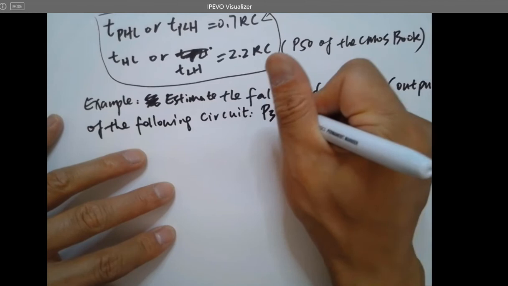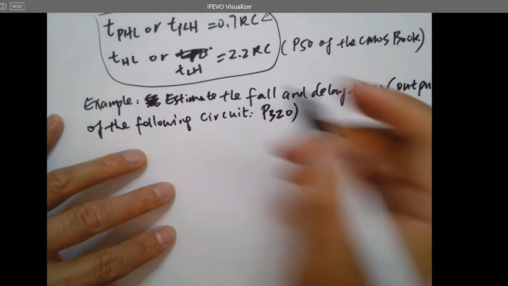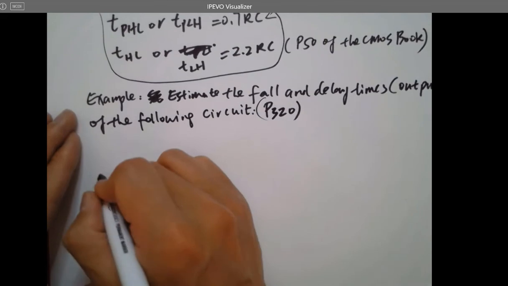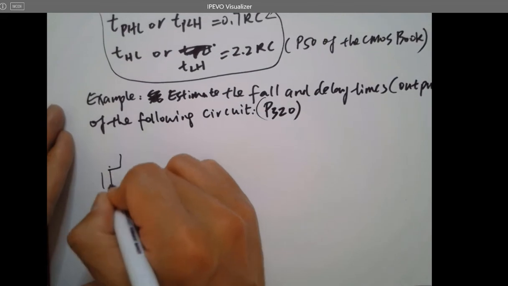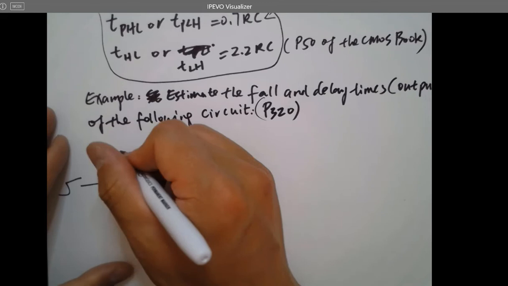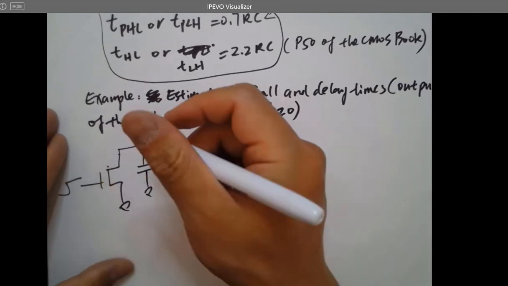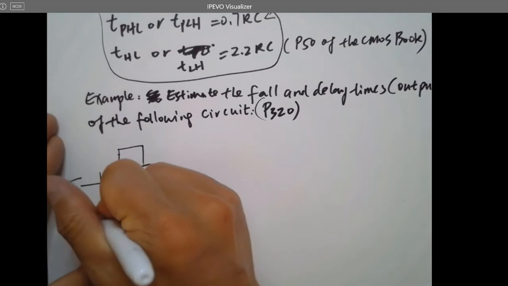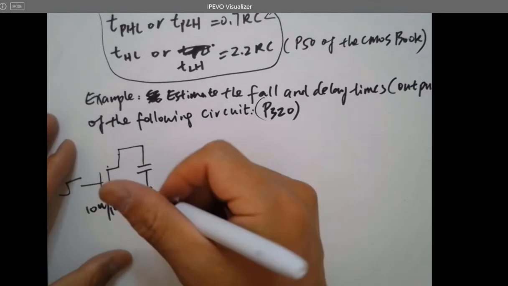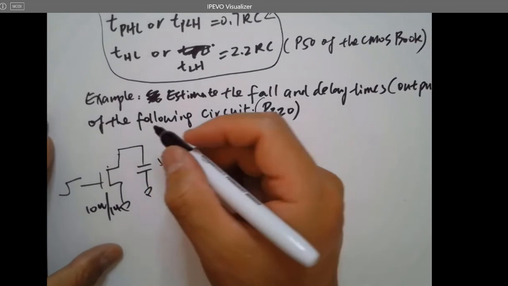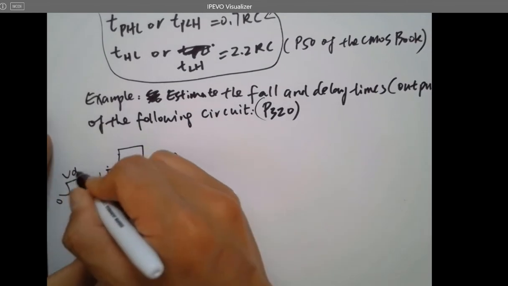This can be found on page 320 of the CMOS book. It's 10 micron to 1 micron technology, and it's 50 femto for the C load, with the input from 0 to VDD.